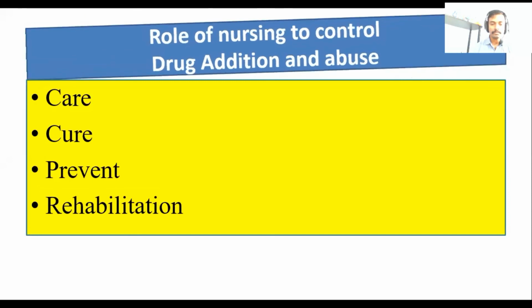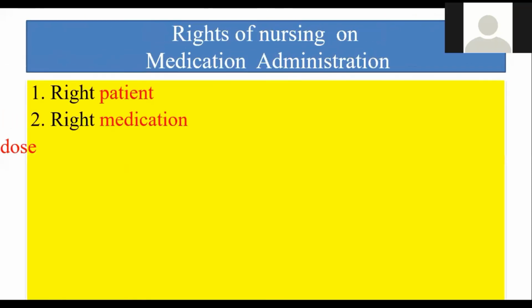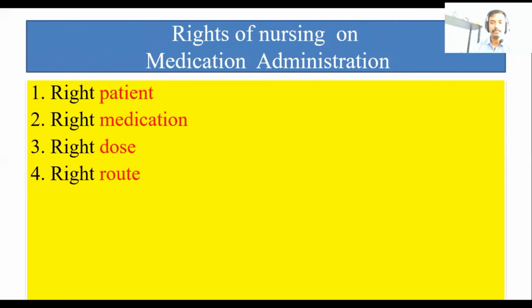Substance abuse. Next, students, this is a very important one. We nurses are responsible for administering the drugs in the hospitals. So we are responsible to prevent misuse by means of the rights of nurses in medication administration.